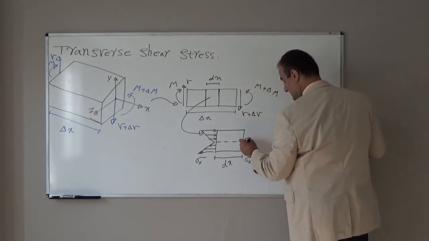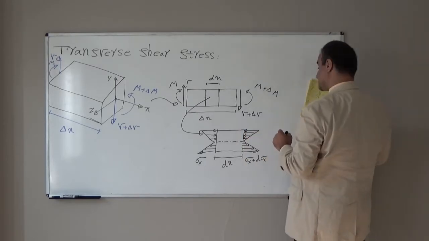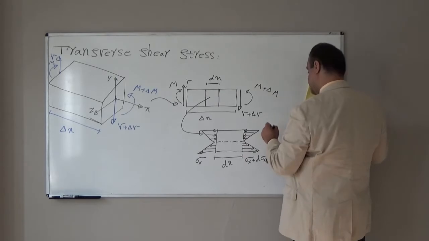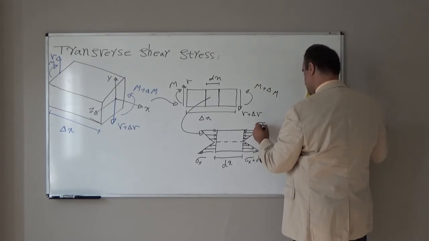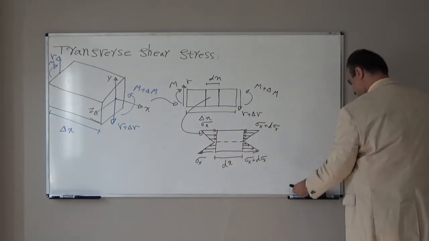On the top side we have compressive stress, sigma x plus delta sigma x, and this is sigma x.